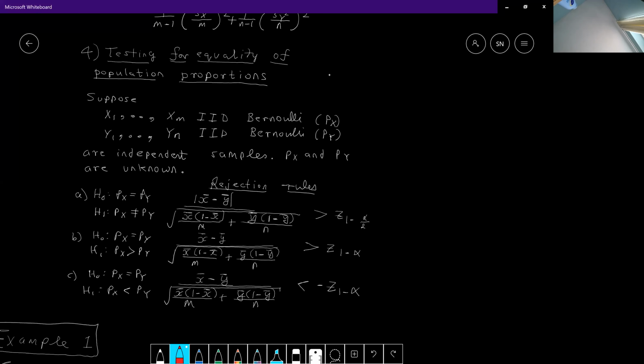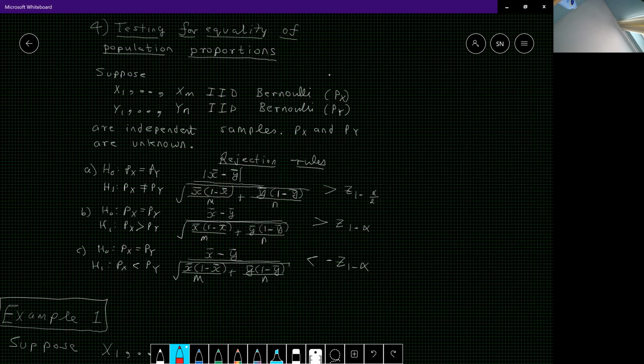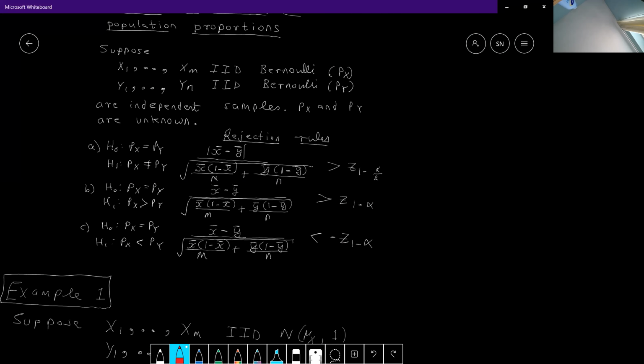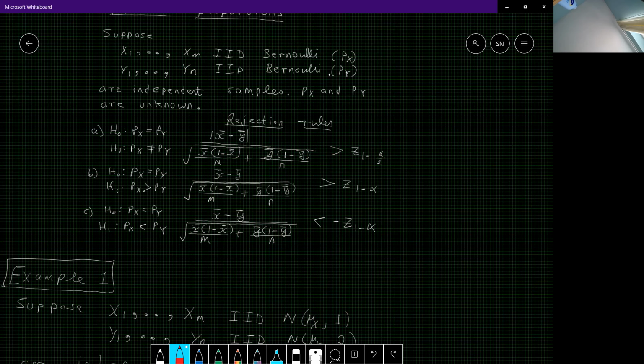And there are three cases, three hypotheses, and the corresponding rejection rules are the ones I have listed here. Okay, and they involve the percentile of the normal distribution. I'm sure you know how to read the normal table. Okay, so these are the four.